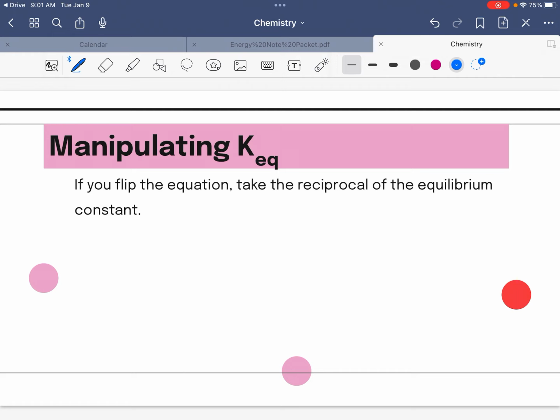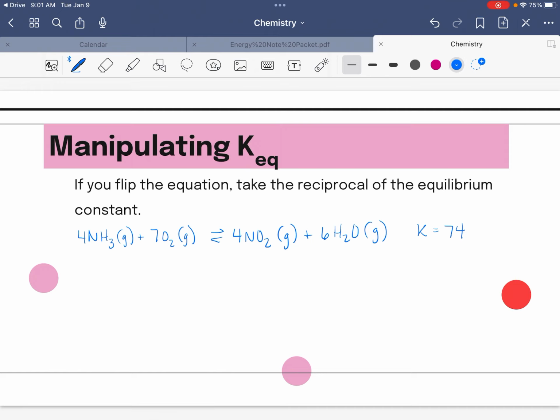So for example, if I have 4NH3 plus 7O2 yields 4NO2 plus 6H2O, and it has an equilibrium constant of 74. Okay, this means that it's going to be favoring the products.